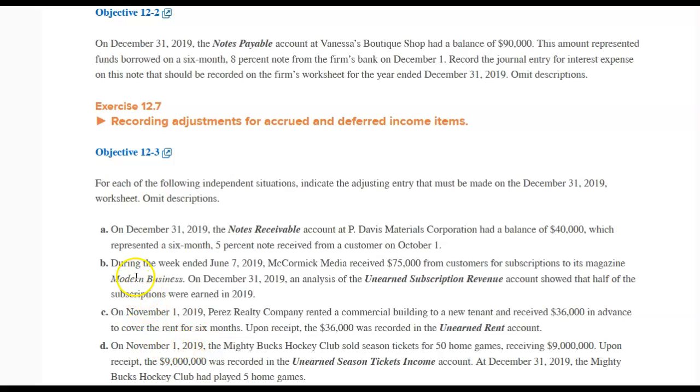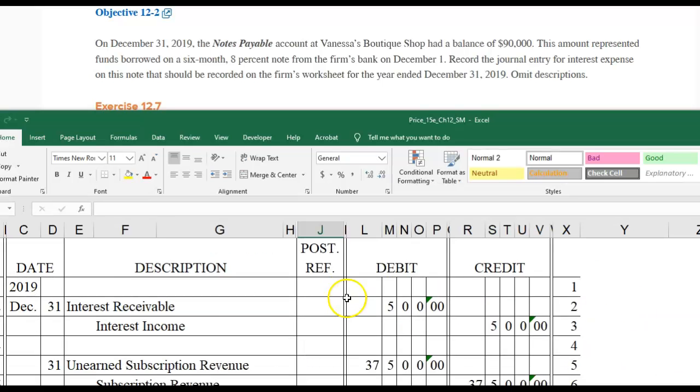Okay, the next one. On June 7th, they received $75,000 from customers for subscriptions. On December 31st, analysis of the unearned subscription revenue account shows half the subscriptions were earned. All you're going to do is put that in half, and we have some revenue.